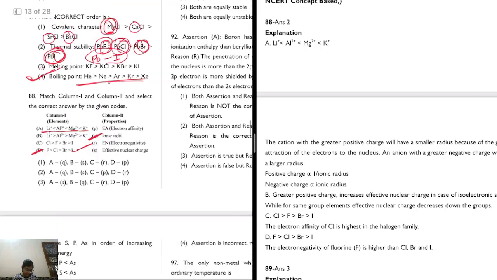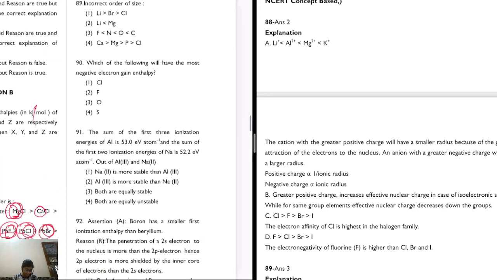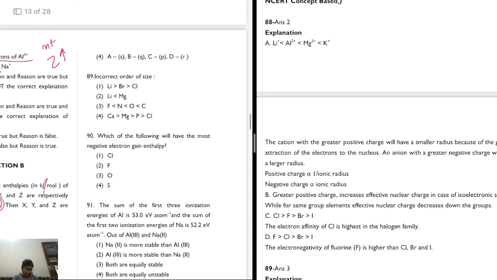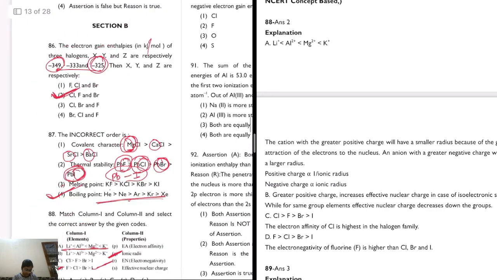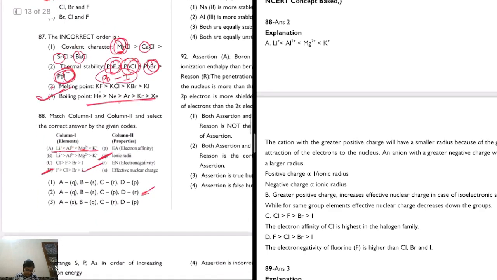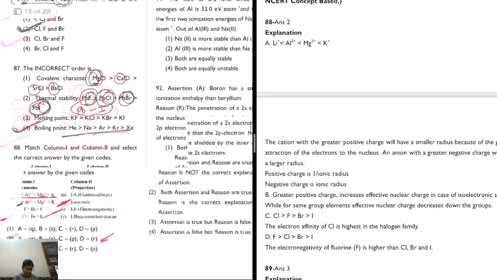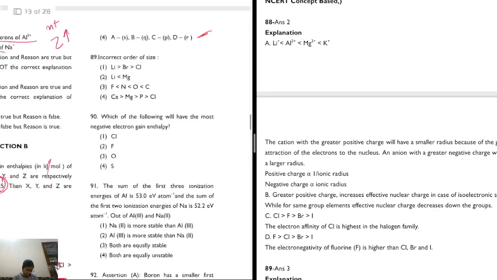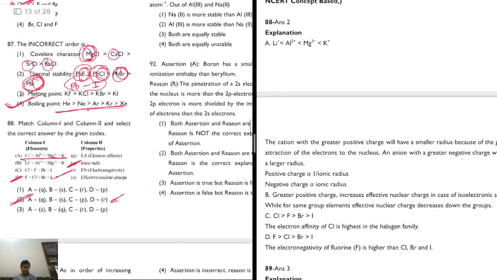We need D with R; here it is G R. Let's see the fourth option, here also it is G R. And we matched A with Q; here it is A S. So our correct answer is this. You have to eliminate other options and get to the correct answer in less time. The best trick is by eliminating.